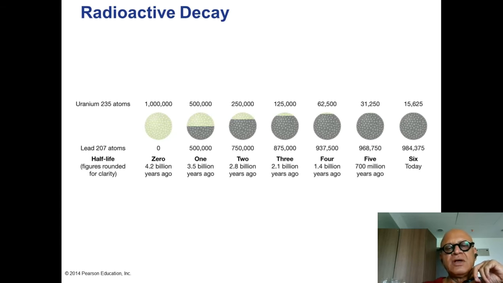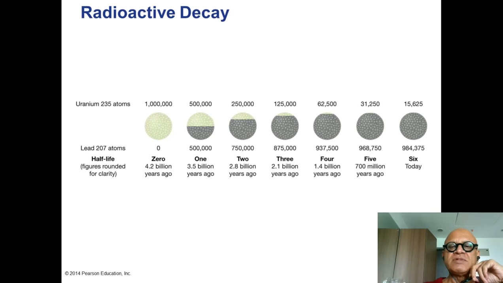So this is one half-life, and in two half-lives it has gone from 500,000 to 250,000, and lead has gone from 500,000 to 750,000. So you can see that it occurs from 3.5 billion to 2.8 billion. So you can go forward and see 3 half-lives, 4 half-lives, and so on.